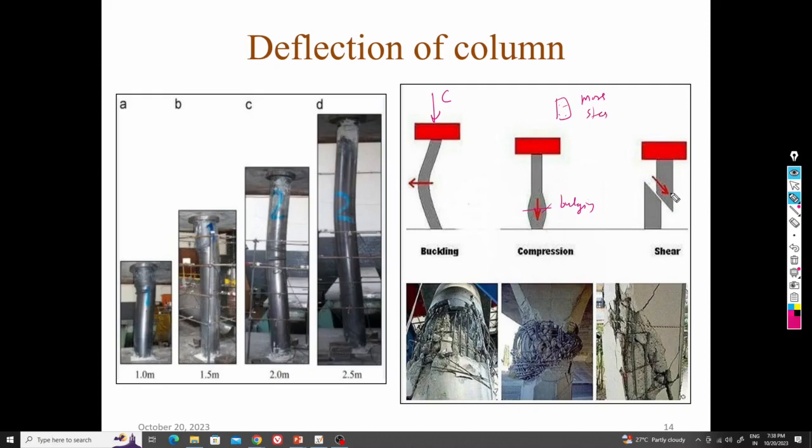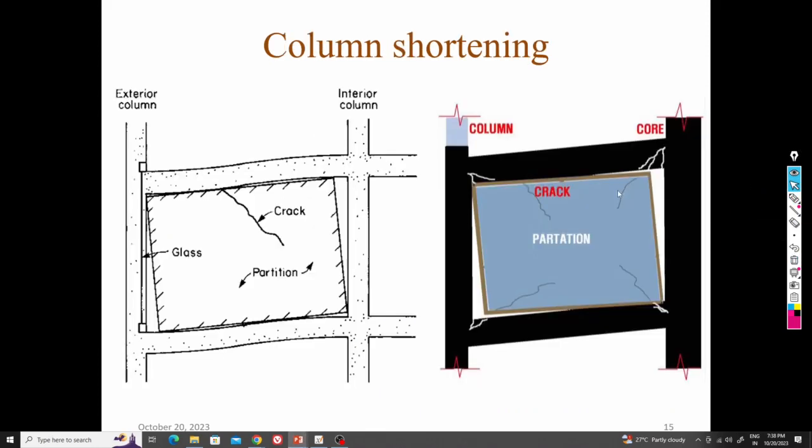And there is a shear failure also like this. If there is no sufficient shear capacity, then this will slide. This is also a kind of deflection. We can say it is a shear deflection, okay, or shear deformation. So there are many different words used in structural engineering. Every word has a meaning, okay. Bulging, buckling, and shear deformations. Once you look at the structure, you should be able to understand what is the reason and what is happening there inside.